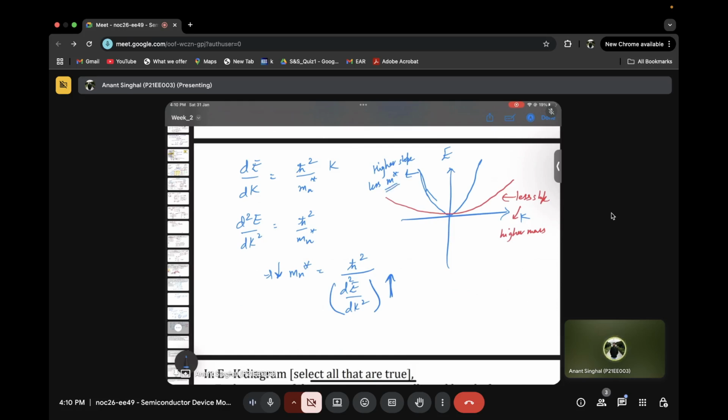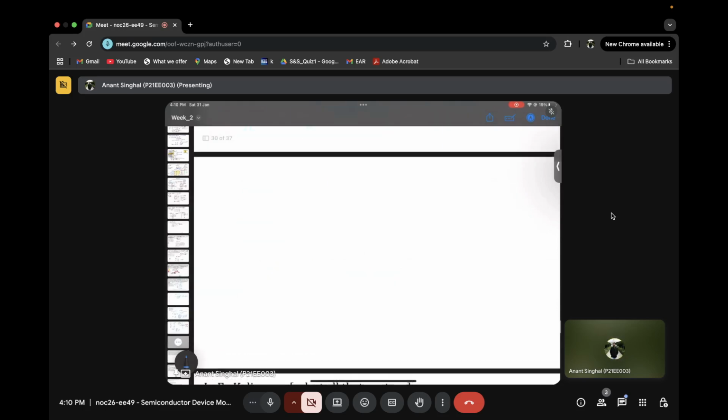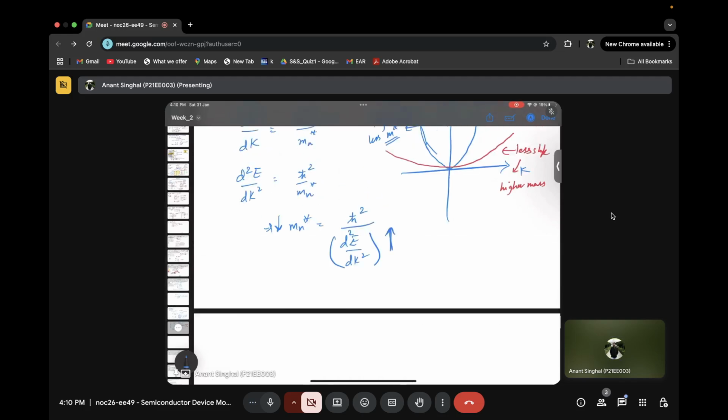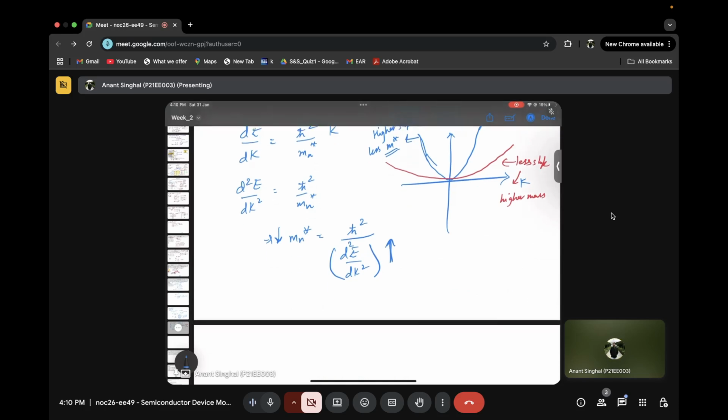Is this concept clear? Is there any doubt? So this is the slope term, right?